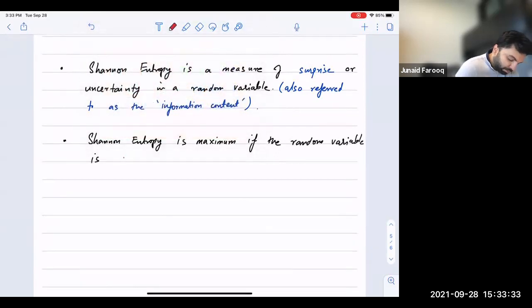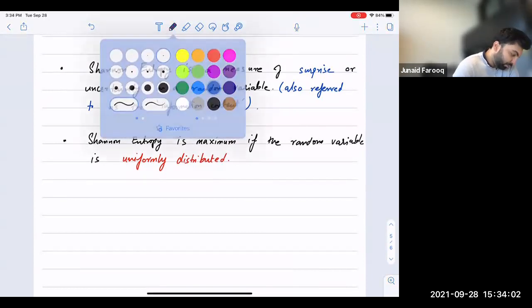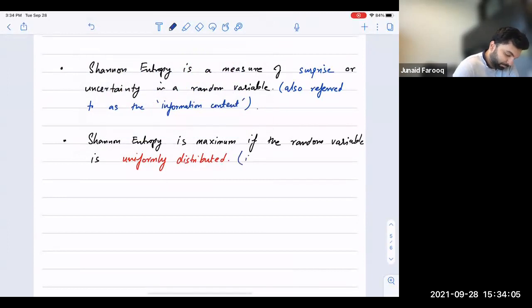In other words, if every outcome is equally likely, then that random variable has the highest entropy because you cannot predict anything. There's nothing you can say about it. Anything can happen with the same chance. Or in other words, symbols are equiprobable.